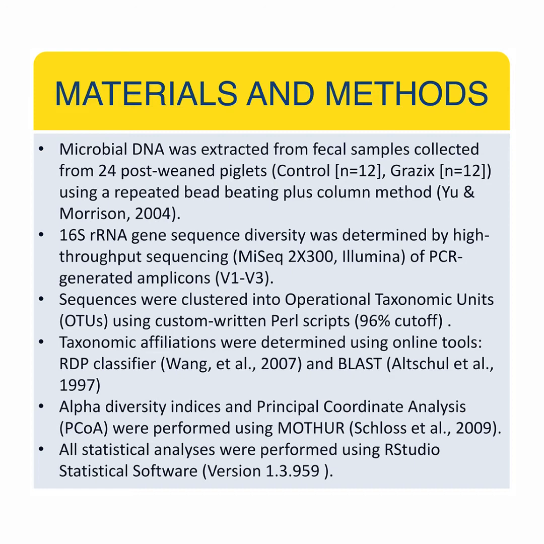It's a name that we designate to a sequence that is a candidate for a bacterial species. So we group the sequences into operational taxonomic units, and after that we perform a series of statistical analyses to determine what the differences are between the treatment and the control group.